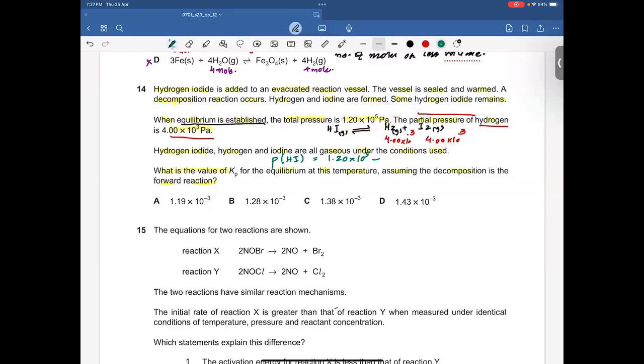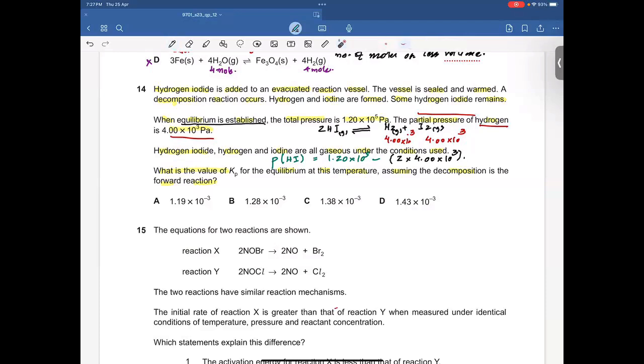Oh, my bad. How much hydrogen here? 2. How much iodine? 2. So we need to put 2 here in order to balance the equation. So it's going to be like this. What is basically the correct scenario in this situation? It's basically, yes, minus 2 into 4.00 into 10 to the power 3.